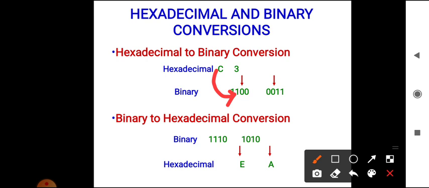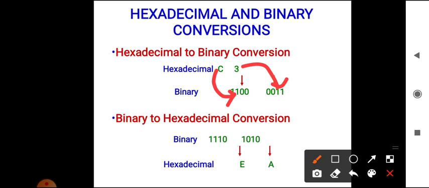If we convert 3 into binary, we will get 0011. If we convert 12 into binary, we divide by 2 and write the remainders, and we will get 1100. Once again, C means 12, which in binary is 1100, and 3 in binary is 0011. So this is the hexadecimal to binary conversion.